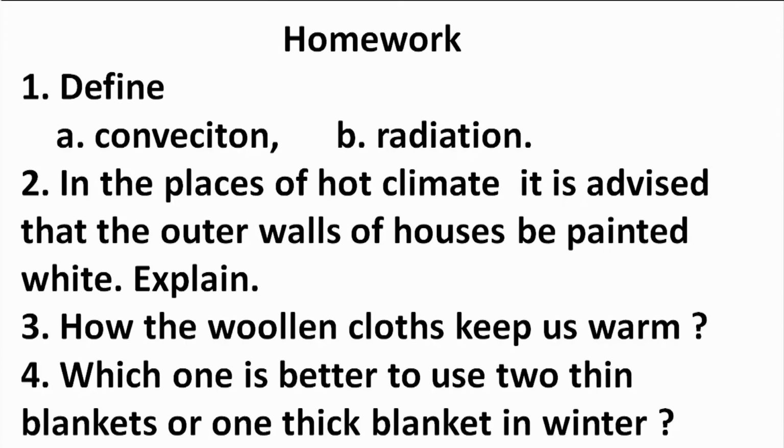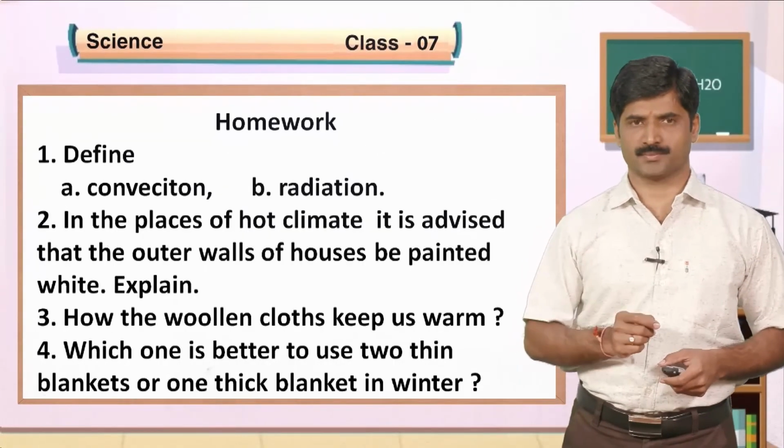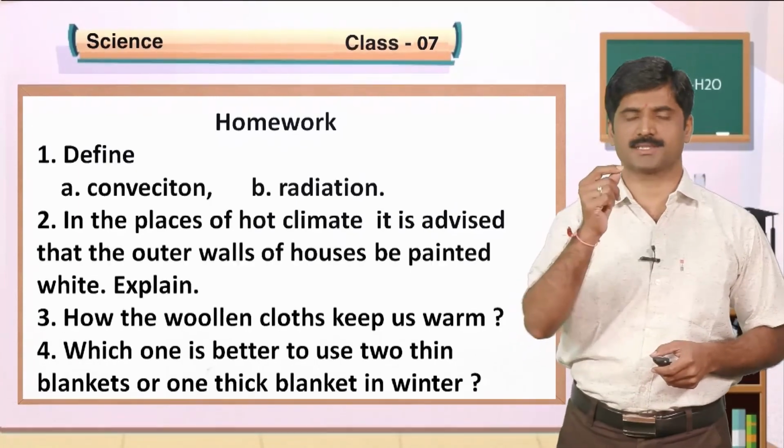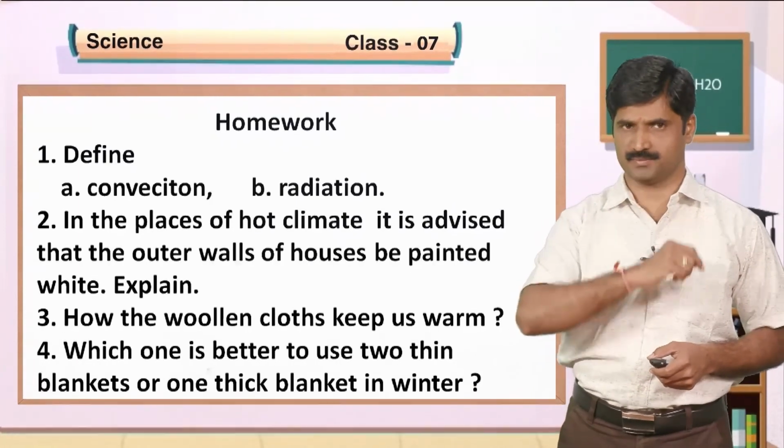Third one is how the woolen clothes keep us warm. Fourth one, which one is better to use, two thin blankets or one thick blanket in winter? Dear students, please write the answers to all these questions and submit that to your teacher.